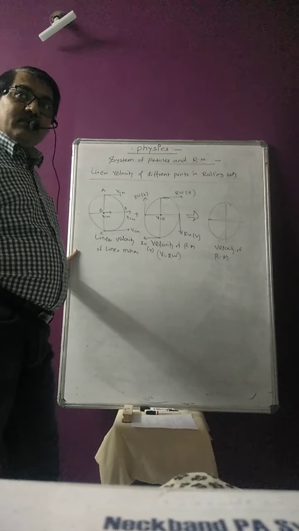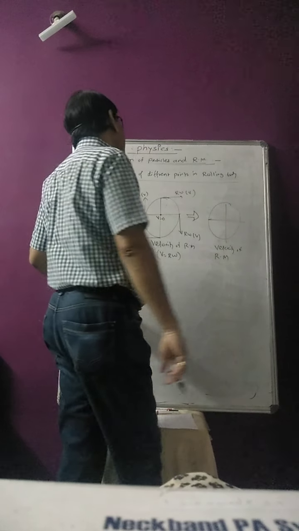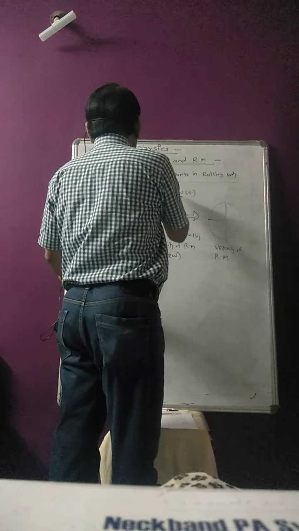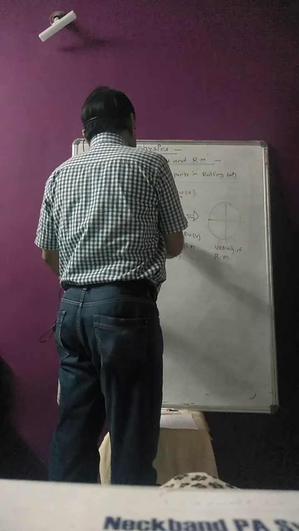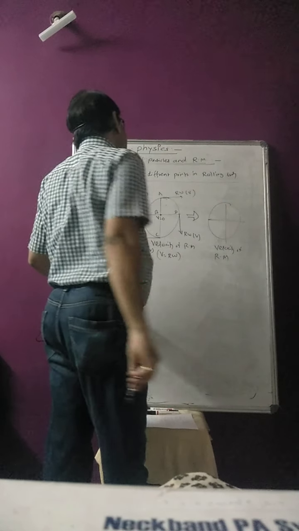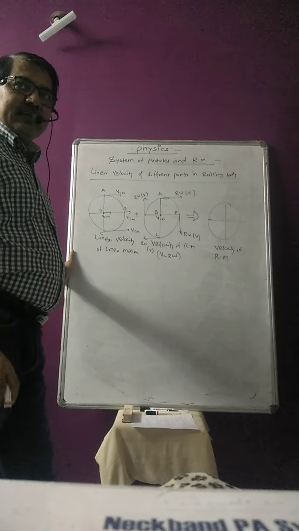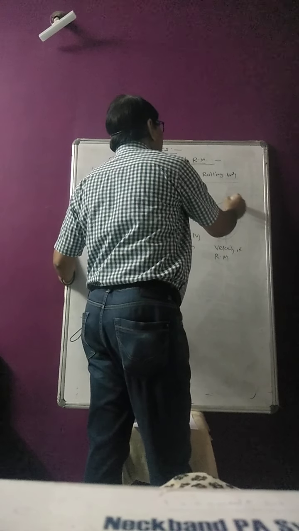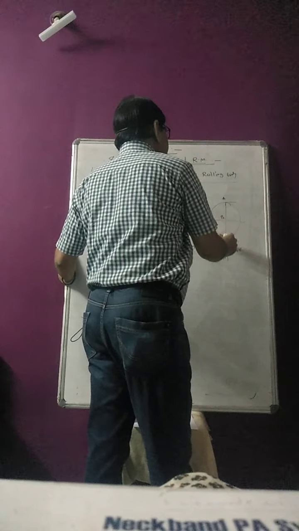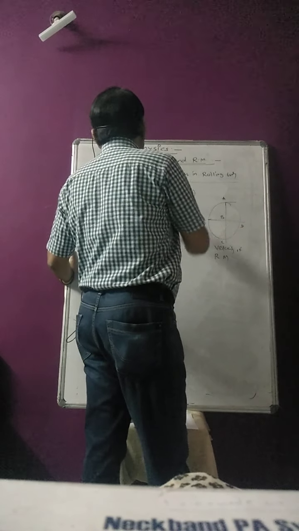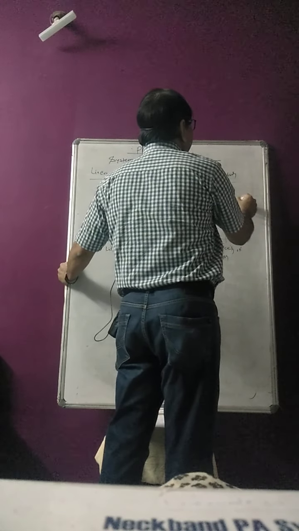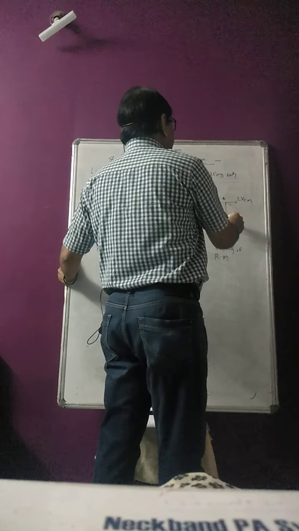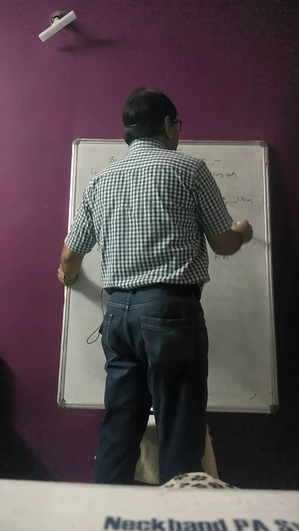So the velocity of rotational motion can also be calculated by addition of both these motions. Okay, so at this point we have A, B, C and D, these 4 points. Now, if I take the point A, r omega plus r omega means 2 times the velocity of center of mass.